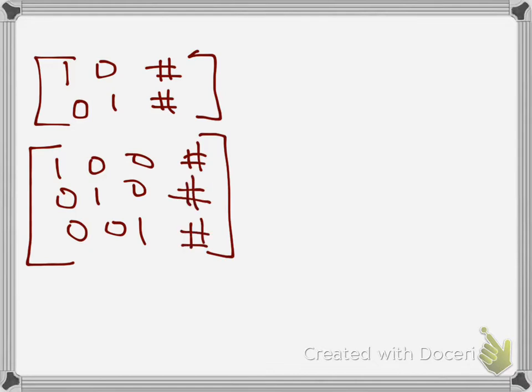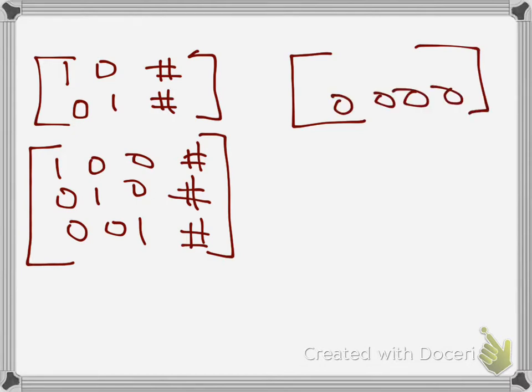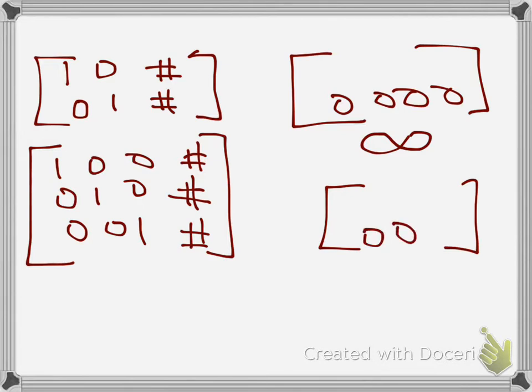Now, if you end up with zeros all the way across the bottom, it doesn't matter what the dimensions are, that would be infinite solutions. If you end up with, say, 0, 0, and then a 1, that is no solution. So keep that in mind.